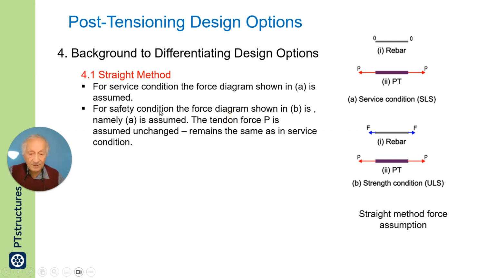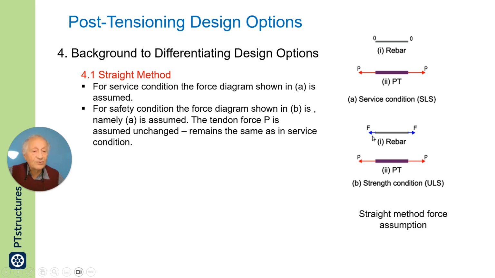For safety condition, the force in diagram B is assumed. The tendon force is P. You see, it was P in service. It remains P in safety, the same as in service.